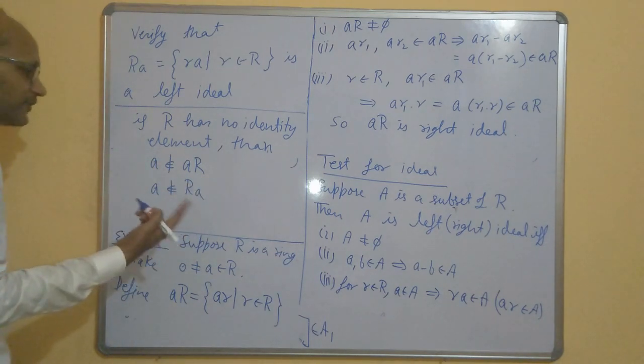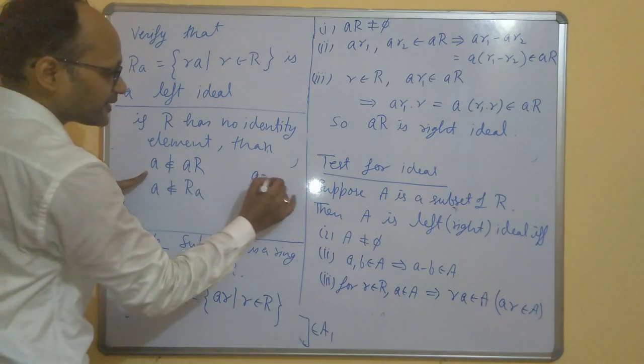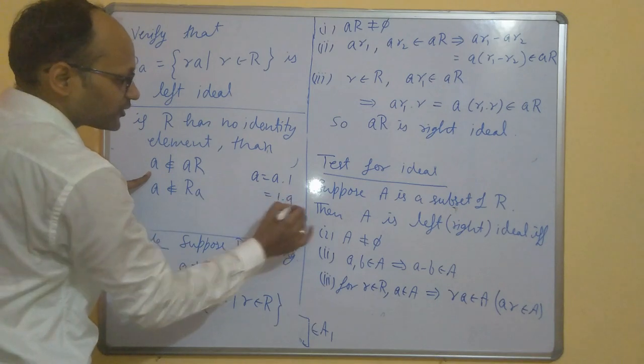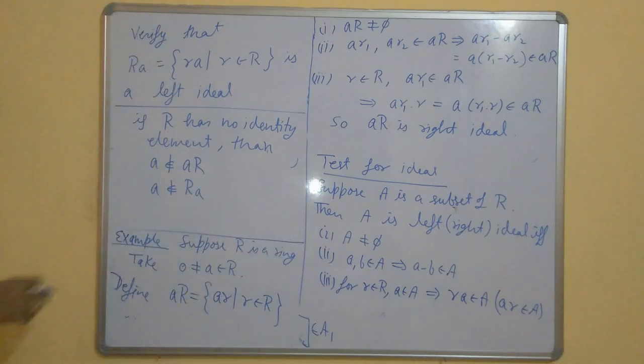Because if R has an identity element, then A can be written as A into 1 or 1 into A, so it will obviously go to this set. But if R does not have an identity element, then these two ideals may not contain A itself.